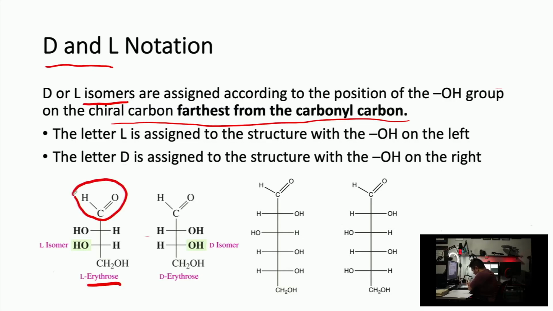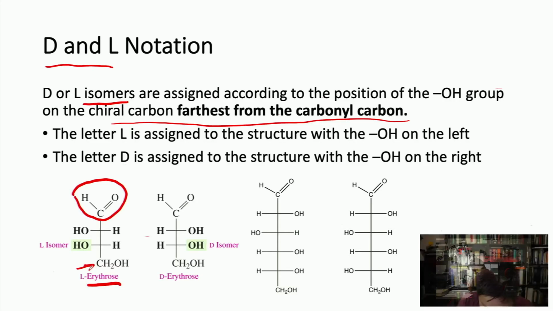Right? And we want the chiral carbon that is furthest away. Some of you might think that it's this carbon right here, but remember that can't be a chiral carbon, even though it's the first carbon in the line. It can't be a chiral carbon because there are 2 H's on this carbon. And that alone violates the criteria that it has to be 4 different groups. But if you move to the second carbon, it's the furthest away from the carbonyl group, and it's the chiral carbon because it has 4 different groups.